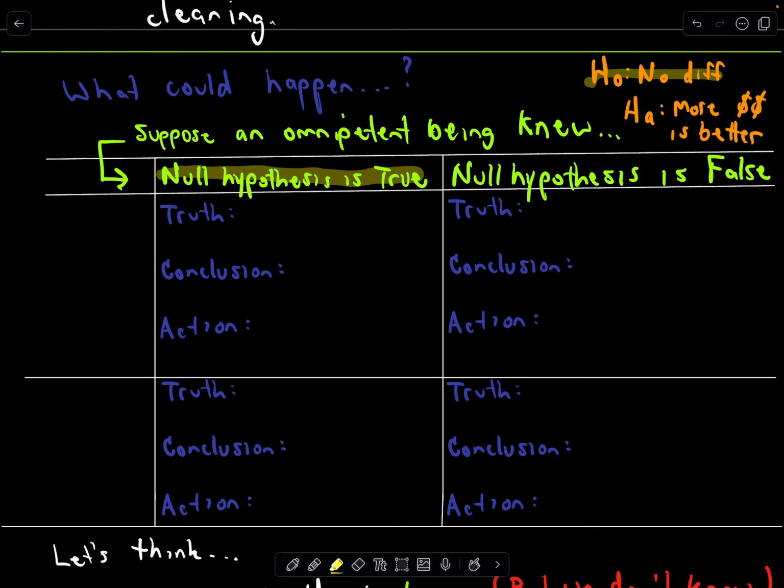So suppose somehow we knew that ultimately there is no difference between those two brands of soaps. Or likewise, suppose the truth is somehow known that the null hypothesis is false, which means that the expensive brand must be better.